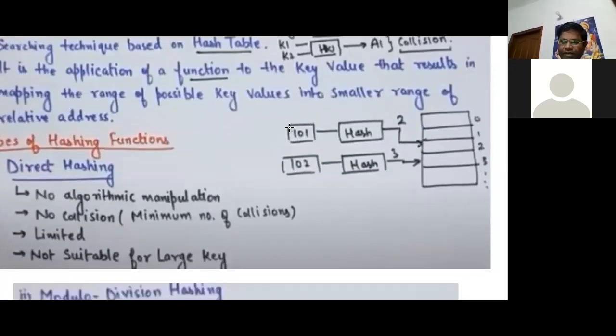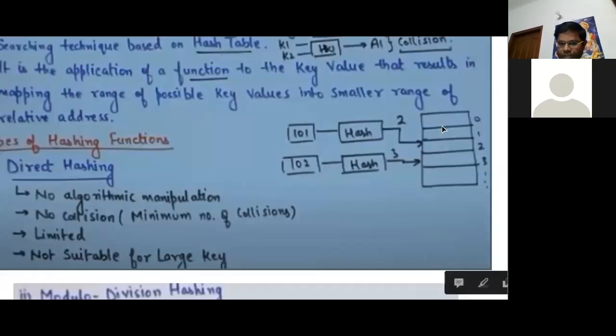Suppose the given key value is 101 and you apply the given hash function. After calculating, suppose the value returns 2. And suppose the second key is 102, and after applying the hash function, it returns the value 3. What does it mean?